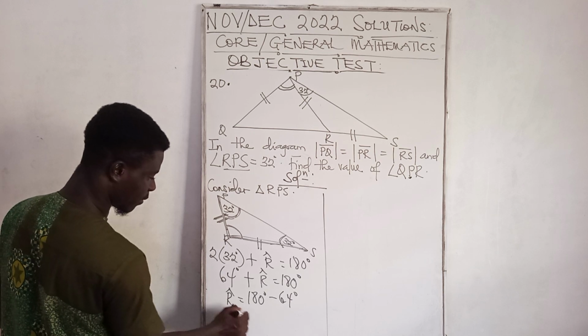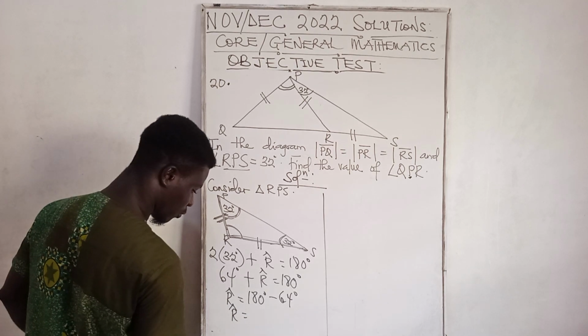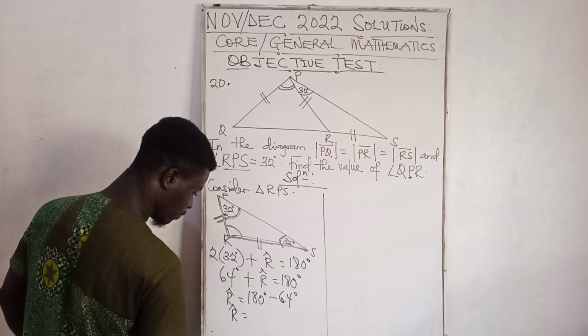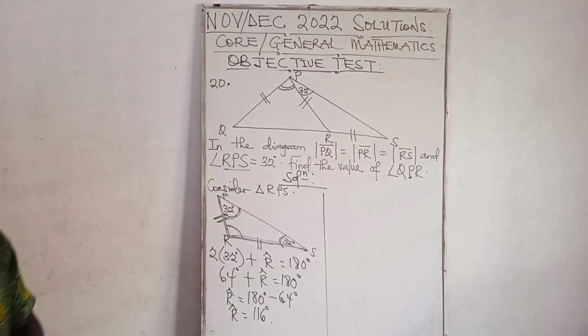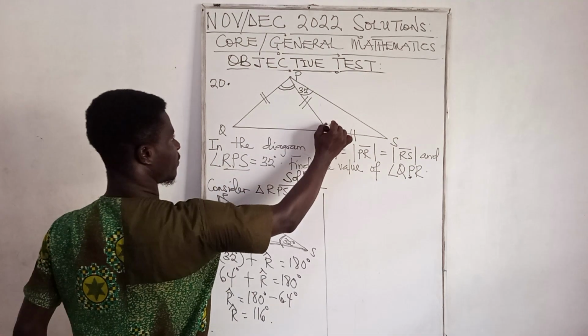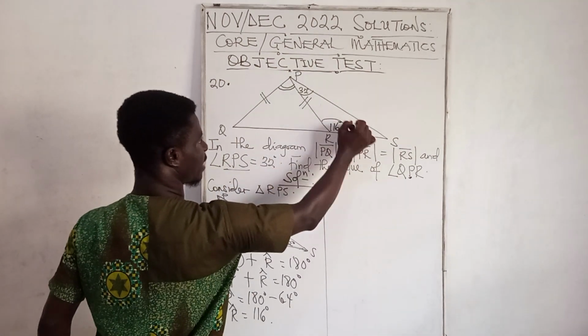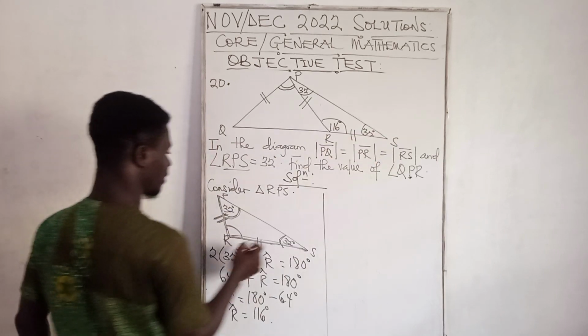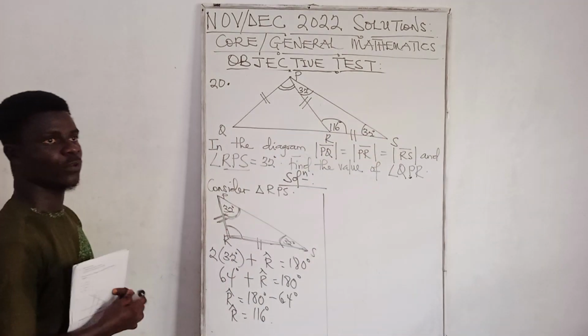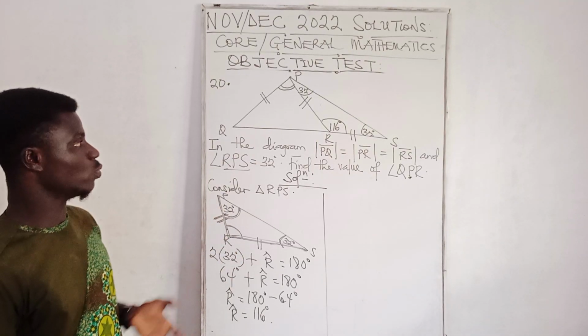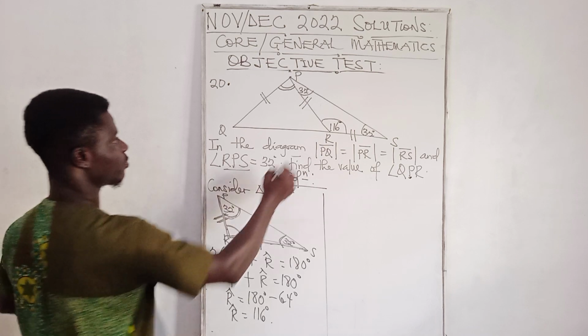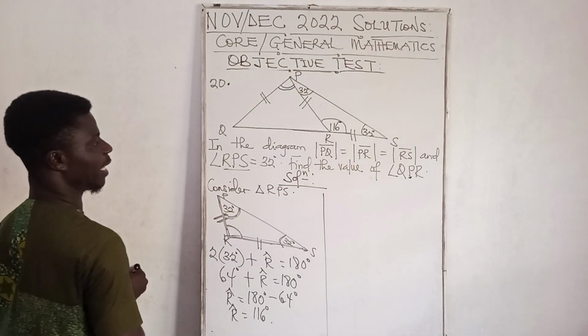So I have my angle r equals, when you subtract 64 from 180, 116 degrees. So here is 116 degrees, and here is 32 degrees. That's an isosceles triangle. So if two sides are equal, then their base angles too must be equal. Now we have a straight line there.